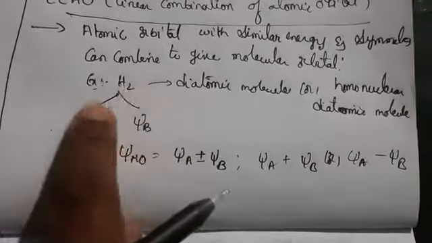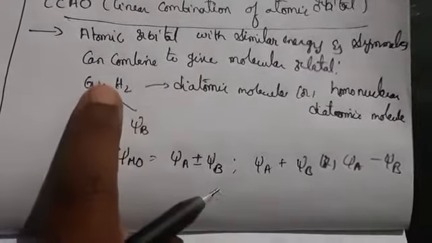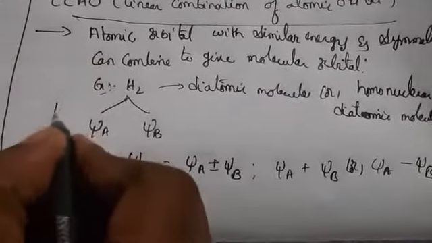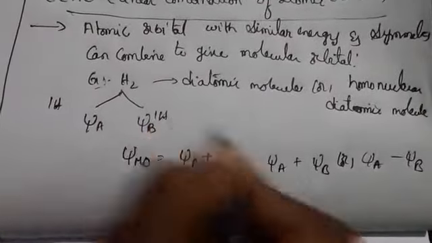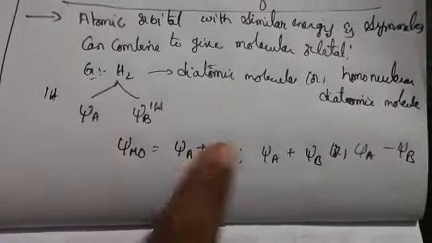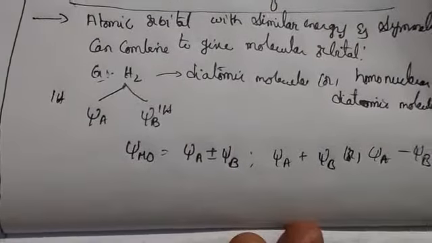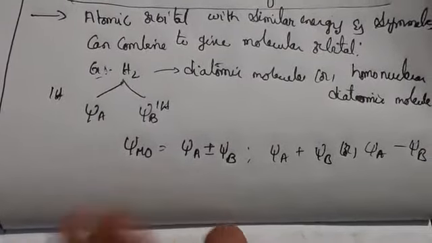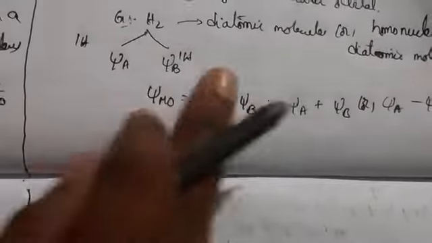In the H2 molecule, one H will be Psi A and another H will be Psi B. When you combine them, it may give a positive or negative combination.